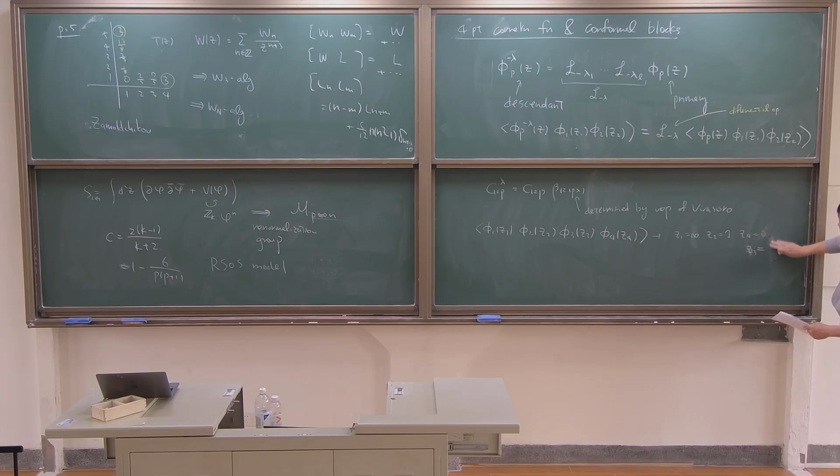Sorry, Z3 cannot be fixed, and this is called the cross ratio of this 4-point function. Okay? And the cross ratio is equal to this.